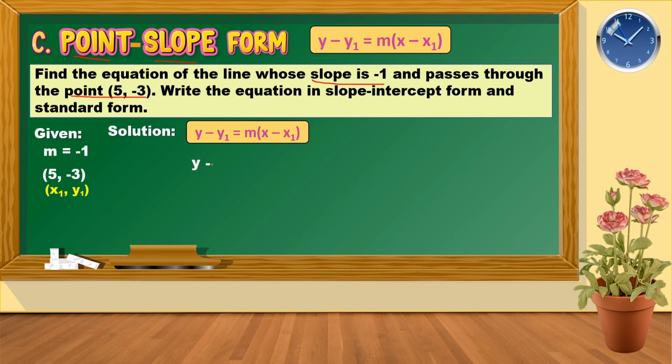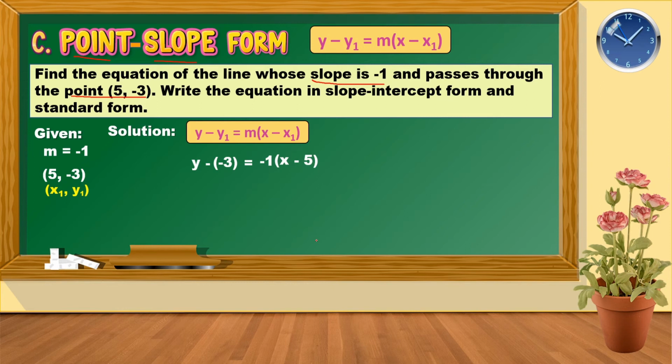So, ilalagay lang natin ay minus negative 3. Okay? Kasi negative siya. Equals, our m is negative 1, times x minus x sub 1, which is 5. So, minus 5.